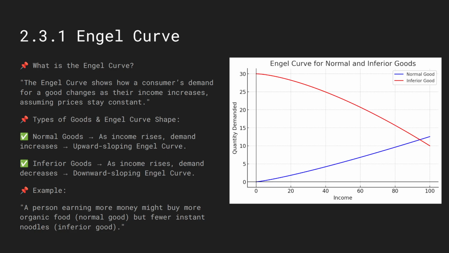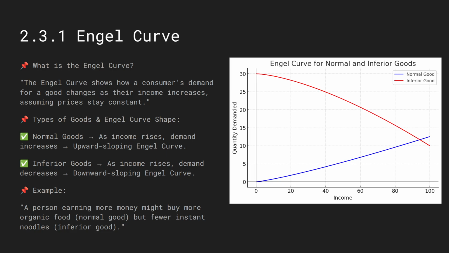And for any type of food that is good, or any normal goods, like for example ramen, when your income was less, the demand for ramen noodles was high for you.